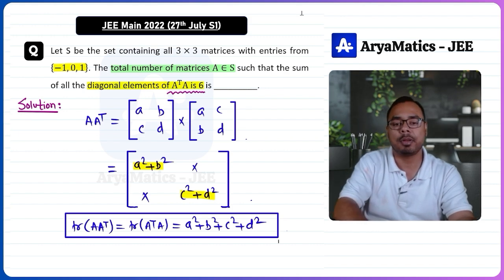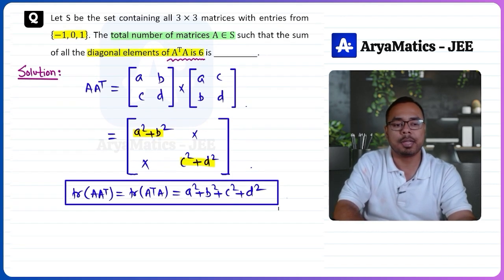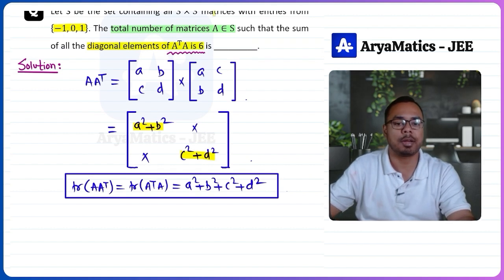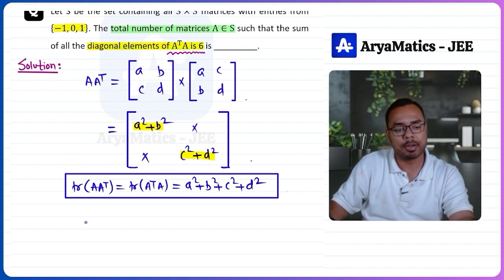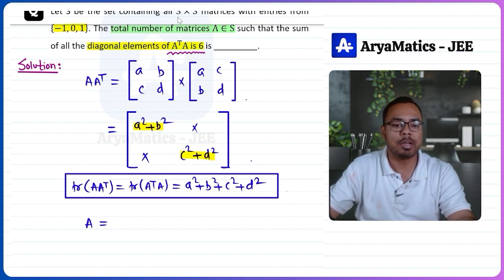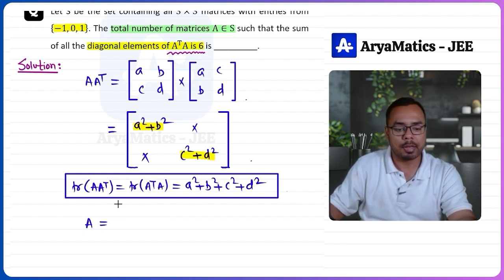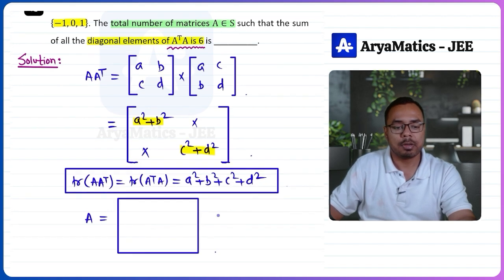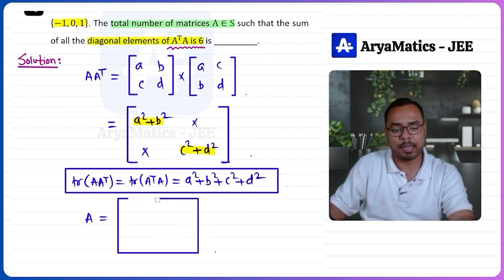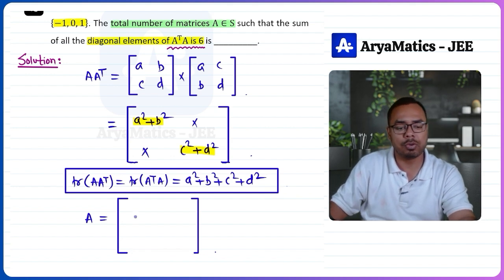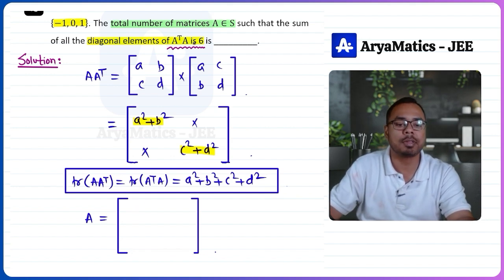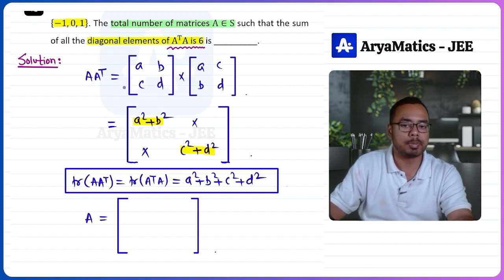Here I have taken example of 2 cross 2 matrix, but the result is valid for 3 cross 3 matrix also, any n cross n matrix. To explain the idea, I have taken a 2 cross 2 matrix.